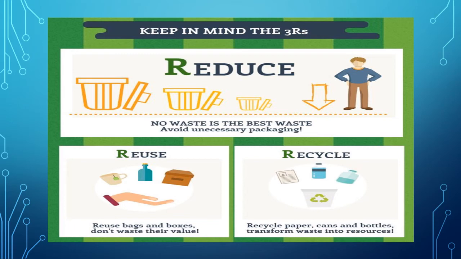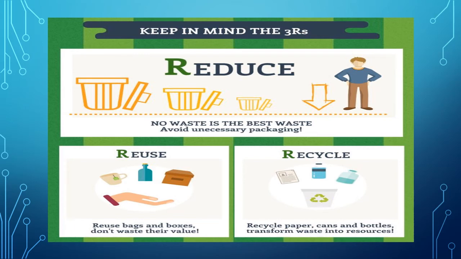Wasting food doesn't only mean wastage of food, but it also means wasting the resources which were utilized for making the food. So we should consume only that quantity which we can consume or utilize.